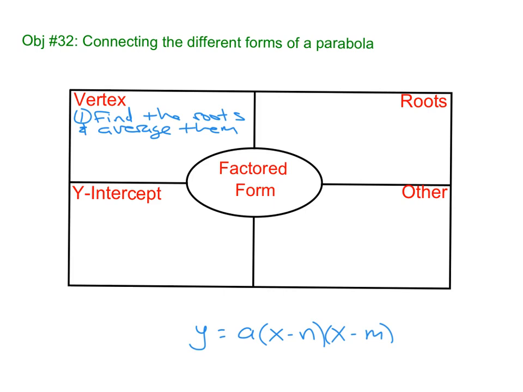Right? So that's n plus m divided by 2, if you don't know what average means. And then again, plug in to find y. The roots, so this is already factored, so set each factor equal to 0.